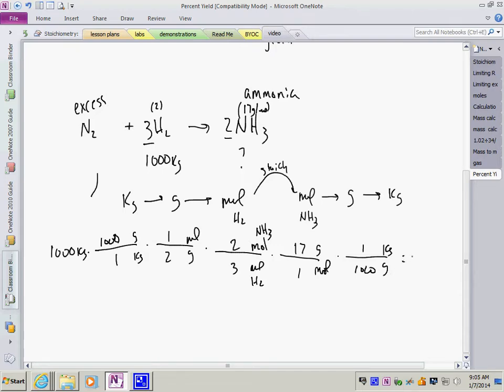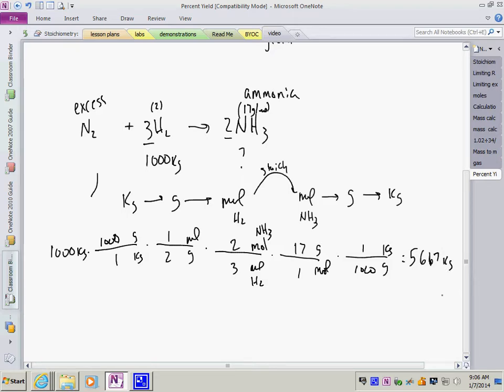Plug it into your calculator: 1,000 times 1,000 divided by 2 times 2 divided by 3 times 17 divided by 1,000. And I'm supposed to get 5,667, if I round it, kilograms of this stuff.